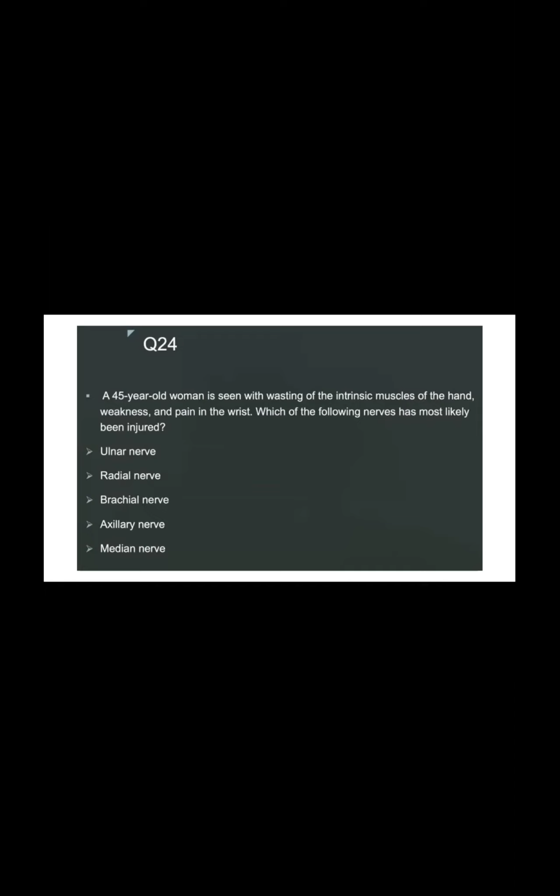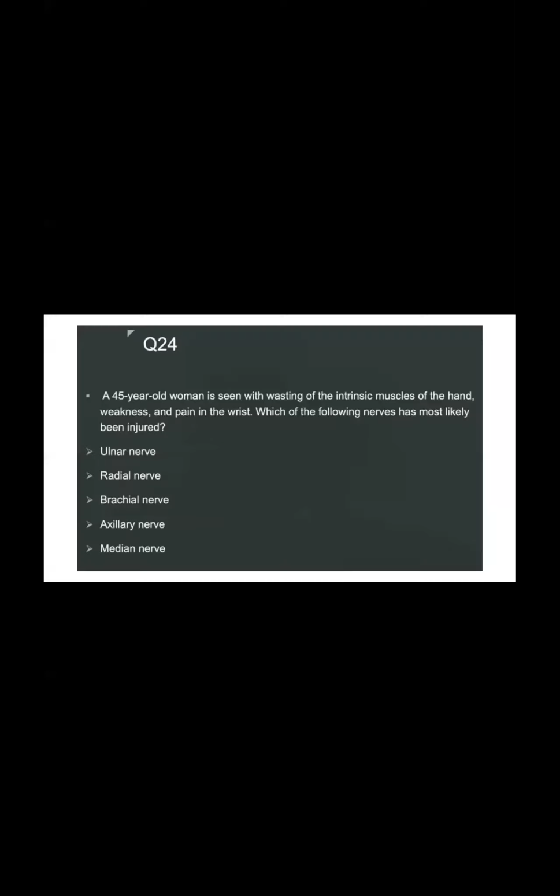So see, why not? First of all, wasting of intrinsic muscles of the hand, weakness and pain in the wrist. If I ask, is the little finger supplied by radial or ulnar nerve? Ulnar nerve, ma'am. So the answer is A, ulnar nerve.